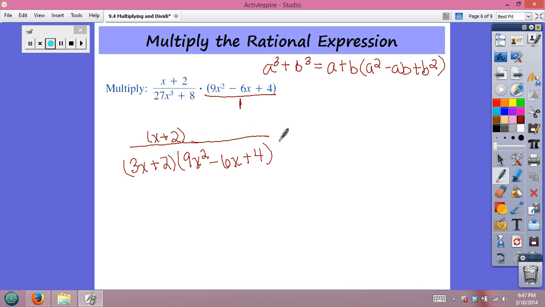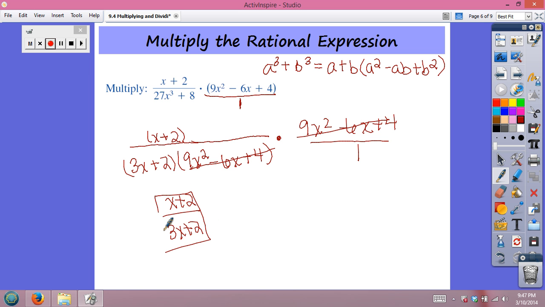Okay, and then we have times 9x squared minus 6x plus 4 over 1. How convenient. We can cancel these terms out. So we are just left with x plus 2 over 3x plus 2.